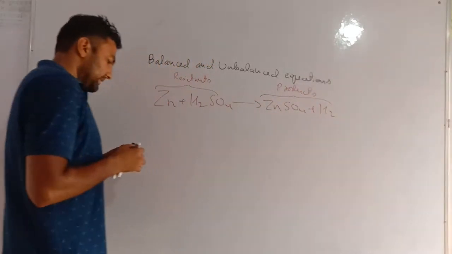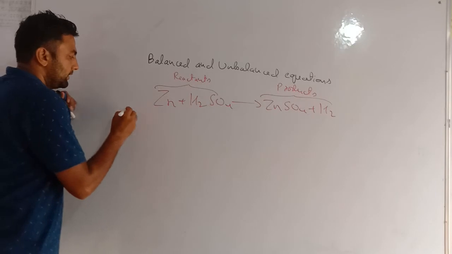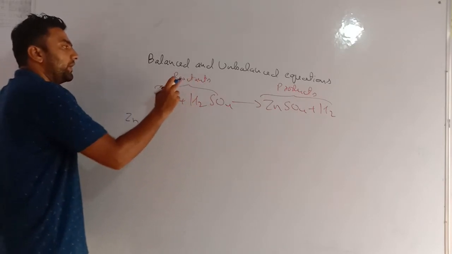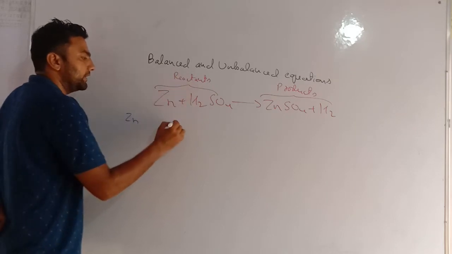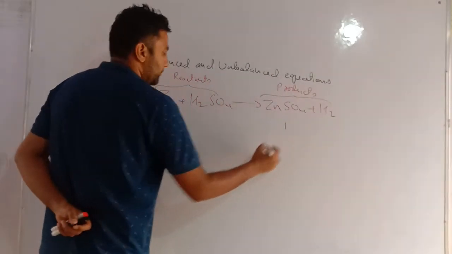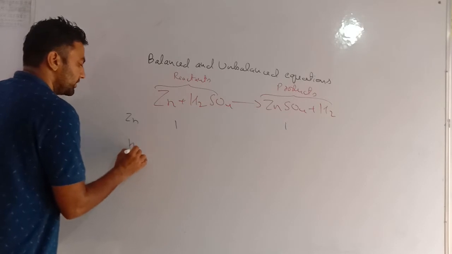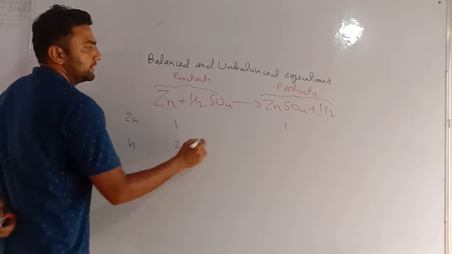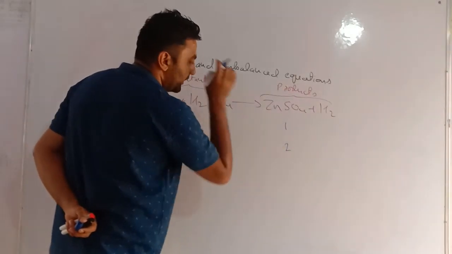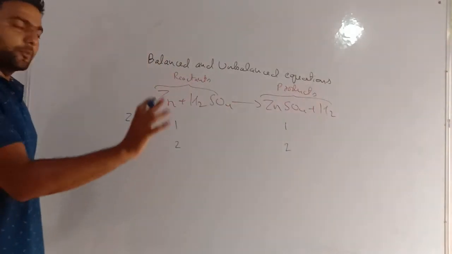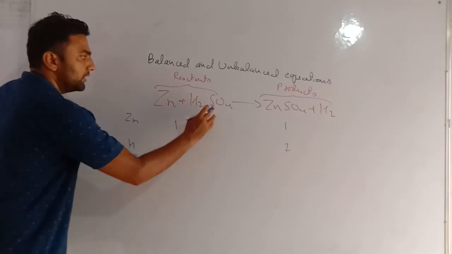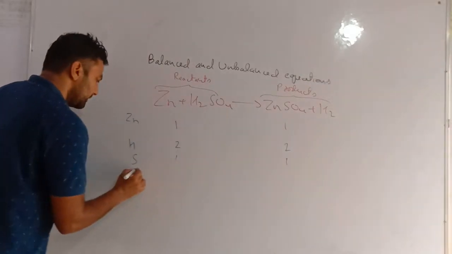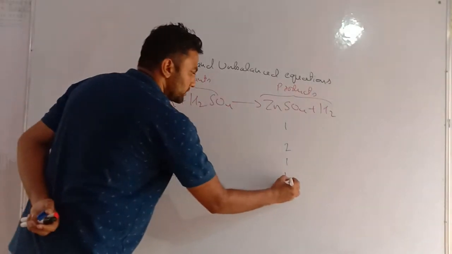Okay, see, zinc. How many atoms of zinc are present in the reactants? One. In products, one. Hydrogen, two atoms of hydrogen in reactants and two atoms of hydrogen in products. Sulfur, one. Here also one. Oxygen, four. Here also four.